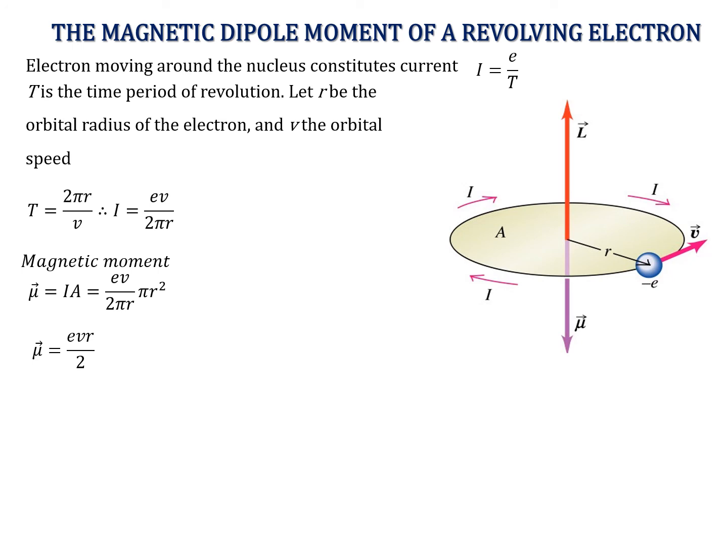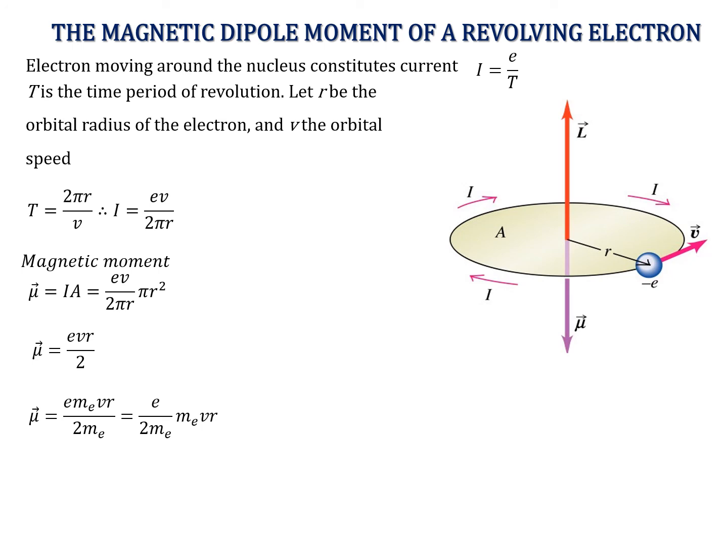In this equation we multiply and divide by mass of the electron. So the result will be mu is equals to e upon 2me into me v r. me is mass of the electron. me v is the linear momentum and r is the perpendicular distance of electron from the axis of rotation.